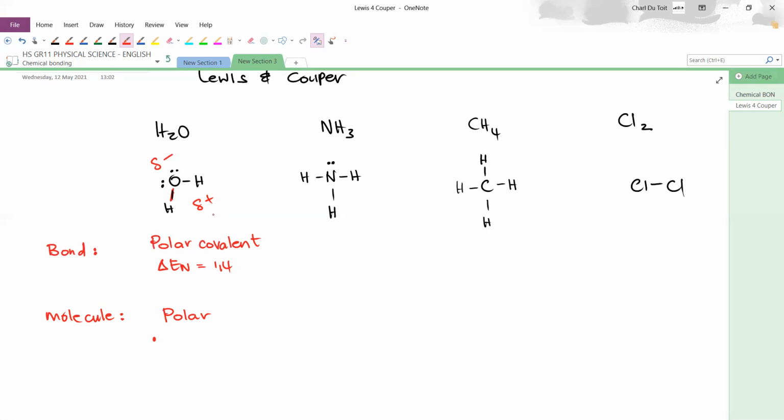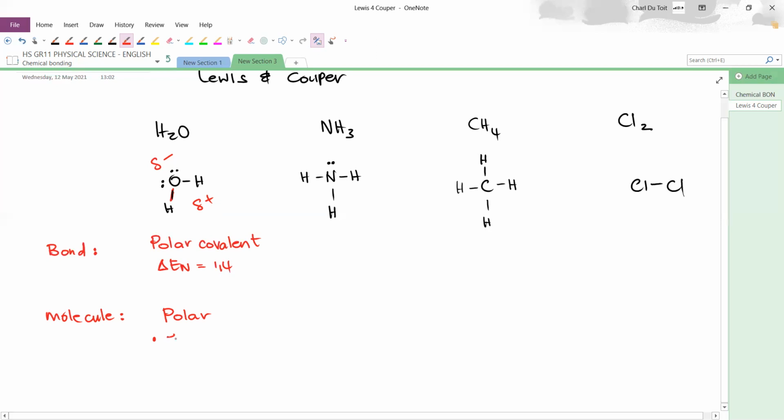So what happens is all the electrons are drawn towards the oxygen side of the molecule, making that oxygen negative and the hydrogen parts positive. So there's an unequal distribution of electrons. And due to the asymmetrical shape of the molecule, it is polar.